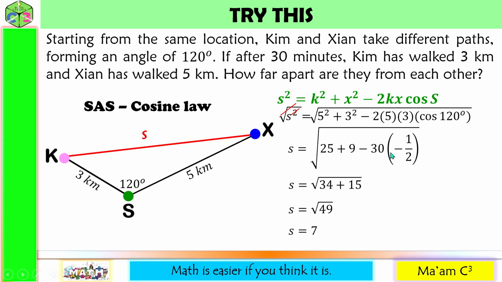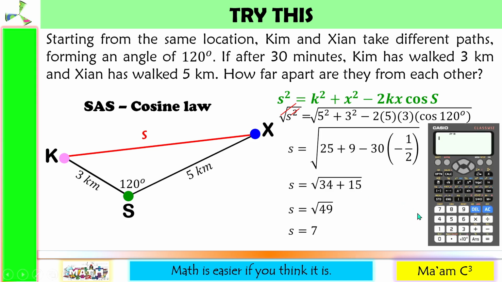If you are confused with this, then you may want to use your scientific calculator. Let us solve it. So we have 5 squared plus 3 squared minus 2 times 5 times 3 times the cosine of 120 degrees.